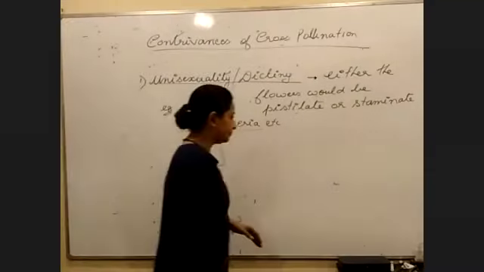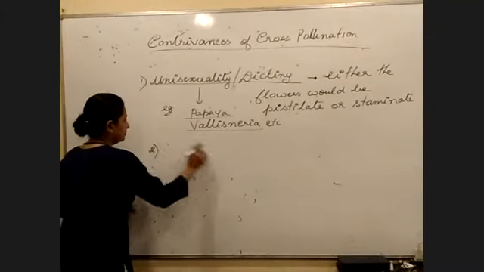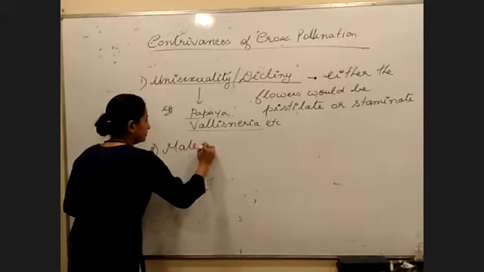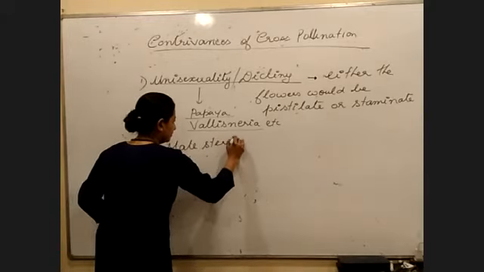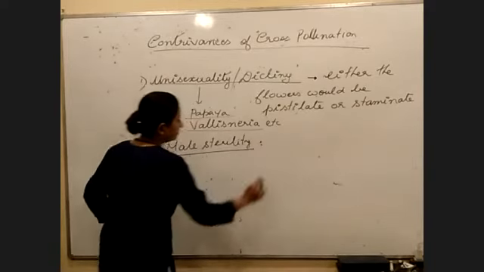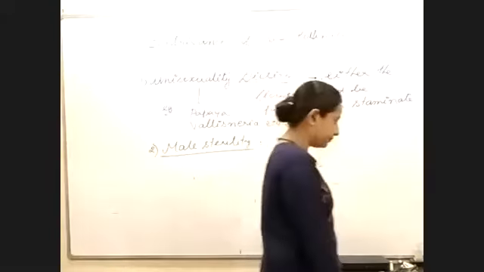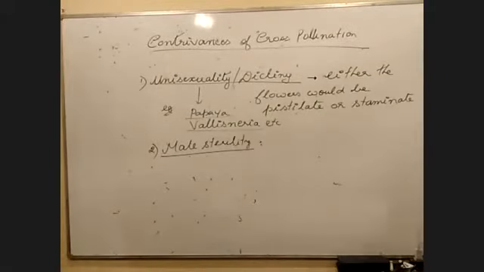Yes, ma'am. Just finish off. Right? So the first condition for the plant to undergo cross-pollination is unisexuality.